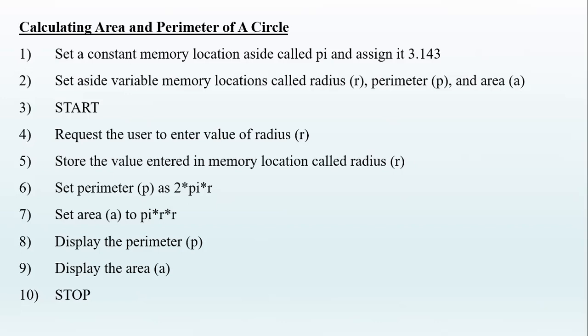In other words, an algorithm is simply English-like statements that indicate the flow of how the program will be executed. So this is a pseudocode for an intended program for calculating the area and perimeter of a circle.